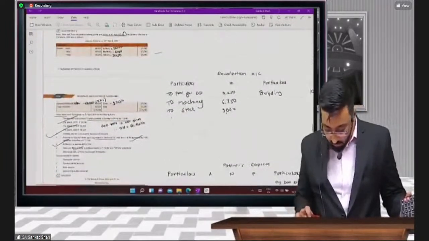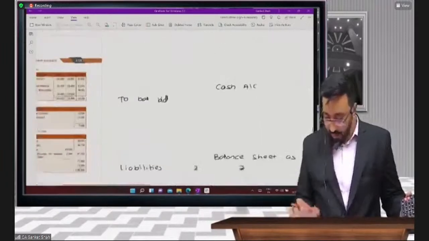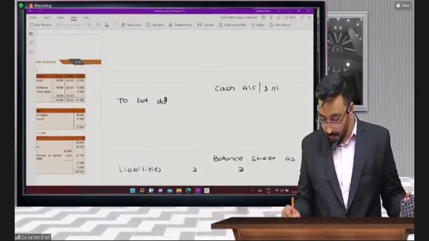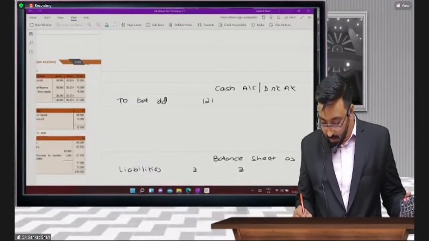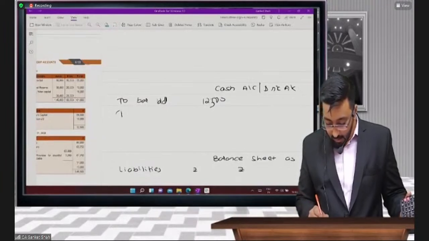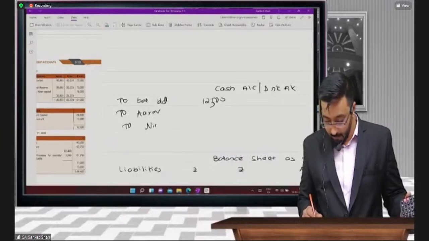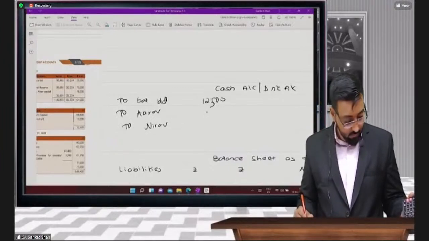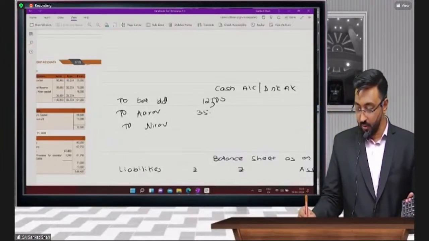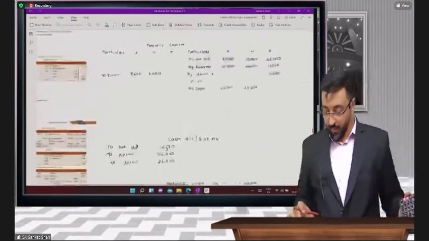From question, bank account 12,500, cash or bank account, 12,500 and to Arav 35,000, to Nirav 25,000.